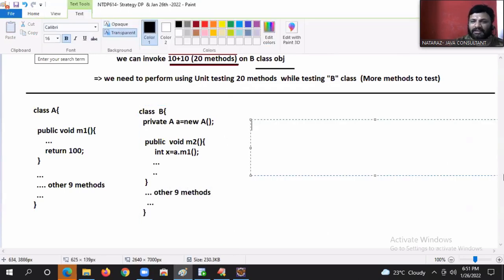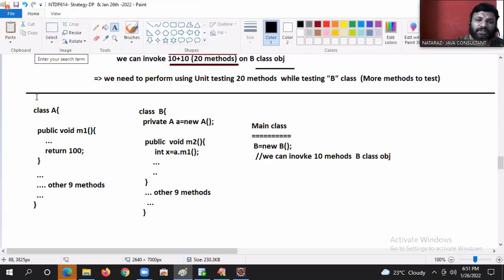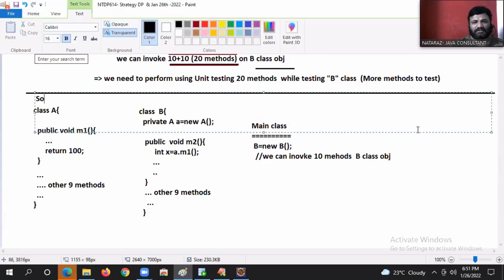Here is my main class. B is equal to new B(). Tell me, we can invoke 10 methods on the B class object. Yes or no? Tell me, guys, on how many methods we need to perform unit testing?